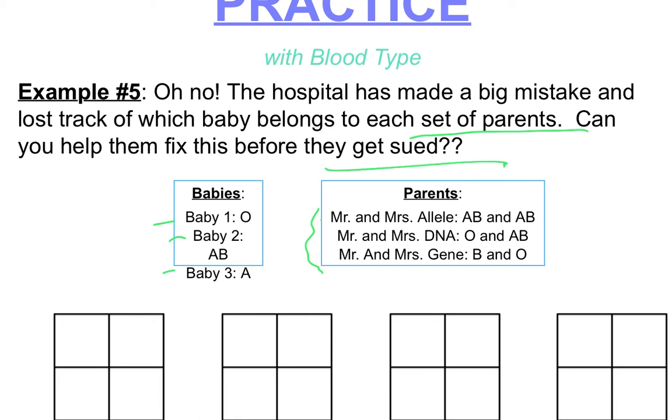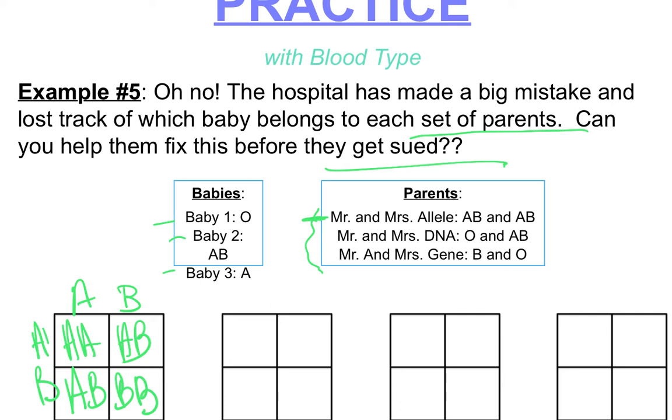I'm going to do couple number 1 right here. One parent is AB and the other parent is AB. So their offspring could have AB, AA, AB, or BB blood.